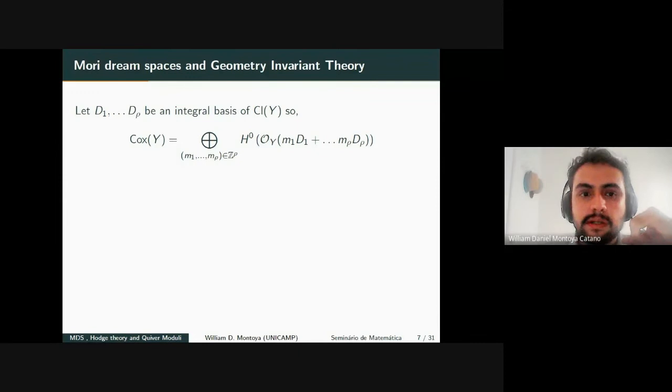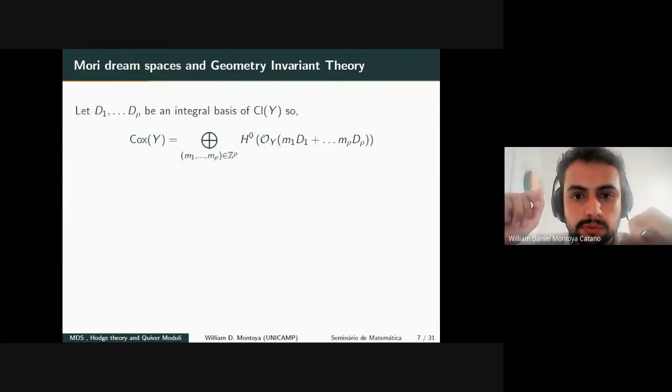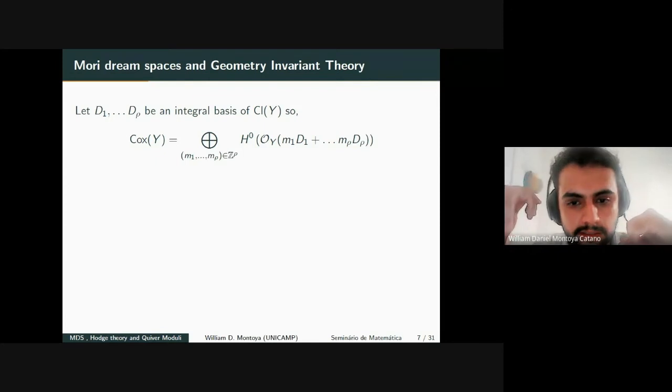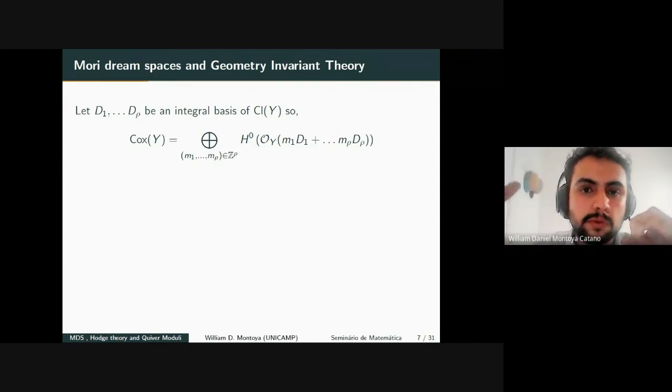So now I would like to show you how to construct Mori dream spaces when the class group is free using GIT theory, the geometric invariant theory. And then I would like to focus on how to use these techniques in order to see Mori dream spaces as quiver moduli. Okay, so let me introduce the preliminaries for doing this.